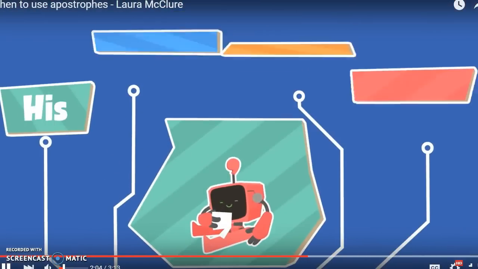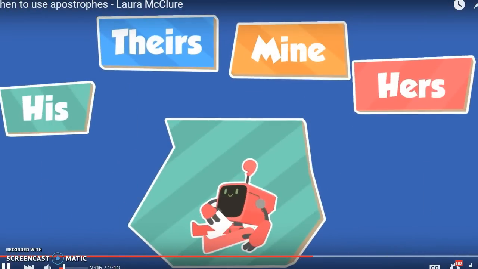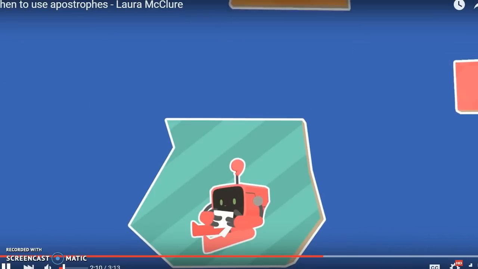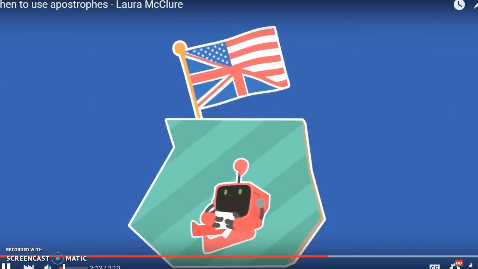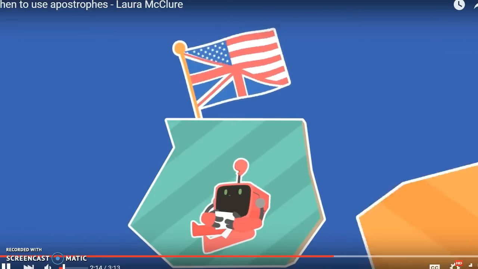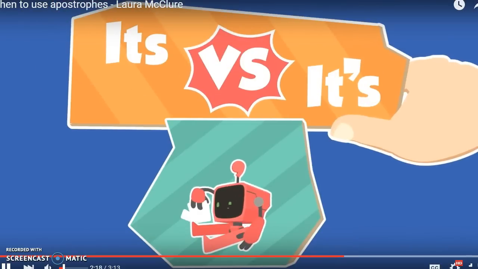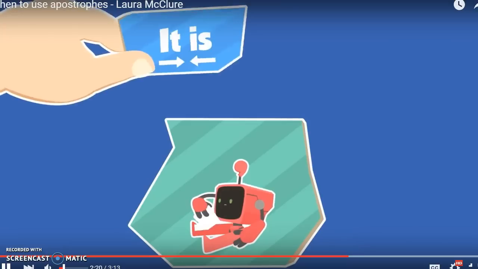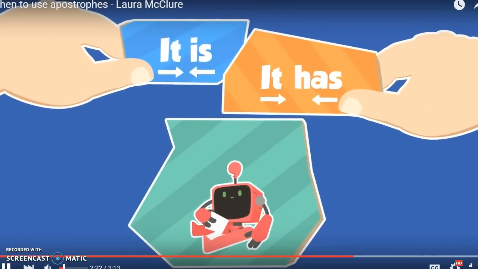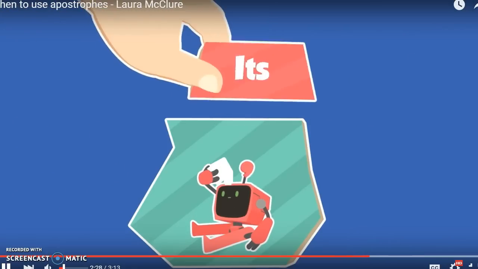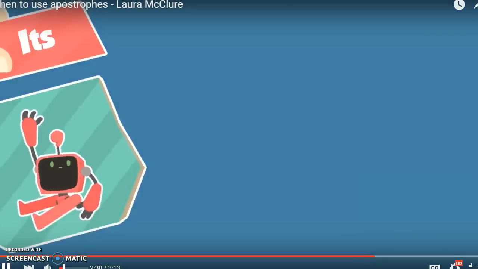One more wrinkle. Certain pronouns already have possession built in and don't need an apostrophe. Remembering that will help you avoid one of the trickiest snags in English grammar, its versus it's. It's only takes an apostrophe when it's a contraction for it is or it has. If you can replace it's with one of those two phrases, use the apostrophe. If you're showing possession, leave it out.